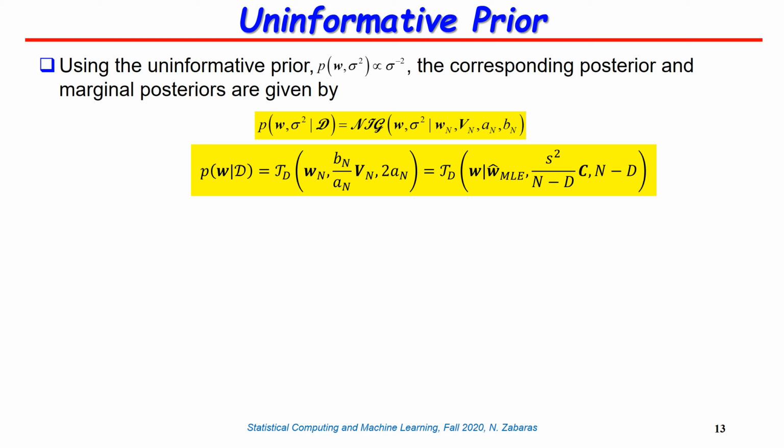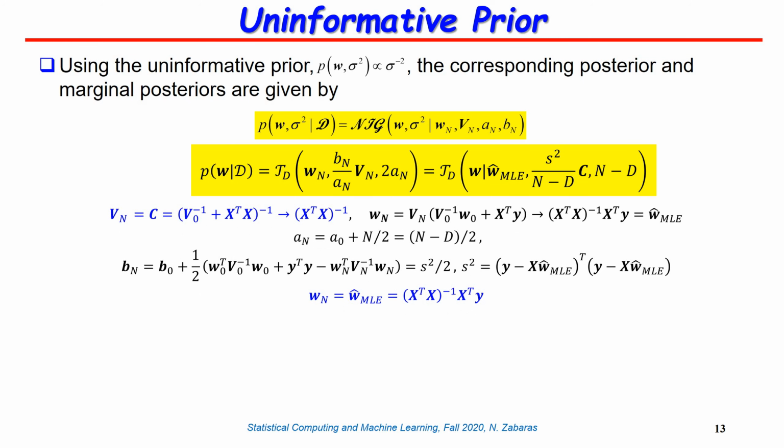If I plug this into my parameters for my posterior and my posterior marginals, I get simplifications, because this matrix Vn becomes X transpose X inverse. You remember I mentioned before about this unit information prior, that the posterior precision becomes X transpose X. This is where this result comes from.